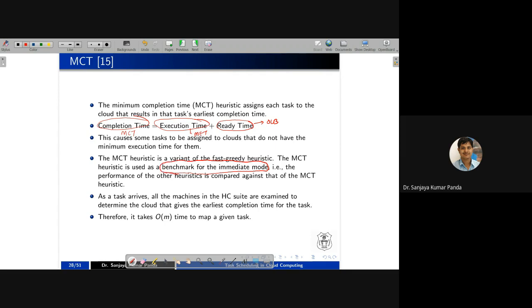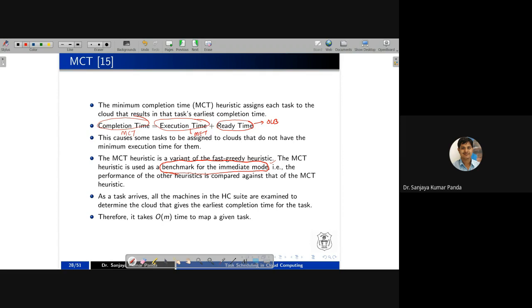So any heuristic you want to develop as a part of your work, then you need to compare with the immediate mode heuristic.